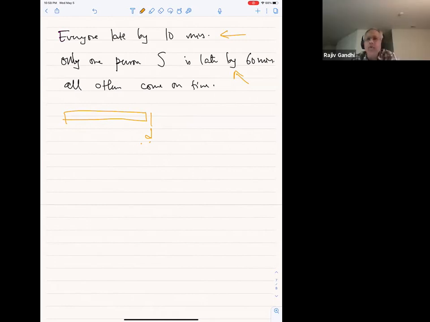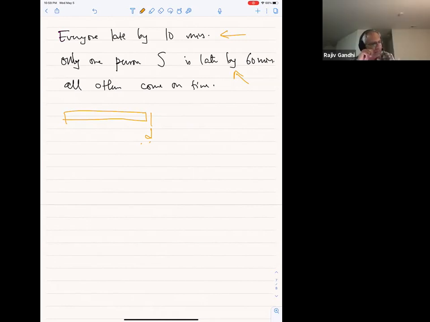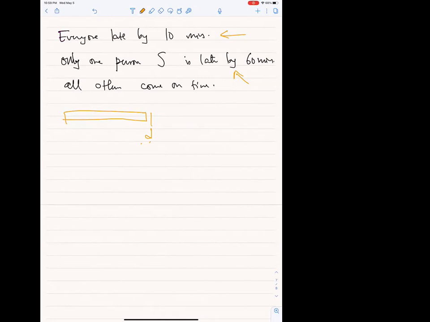Okay, so what do you think the algorithm should be for this problem? I think basically the algorithm should be, I'll just put it in terms of homework instead of jobs: if the deadline is very close to now, then obviously you do that first.